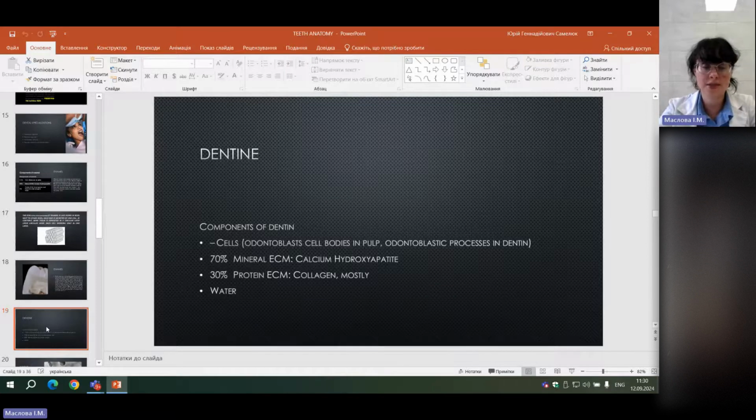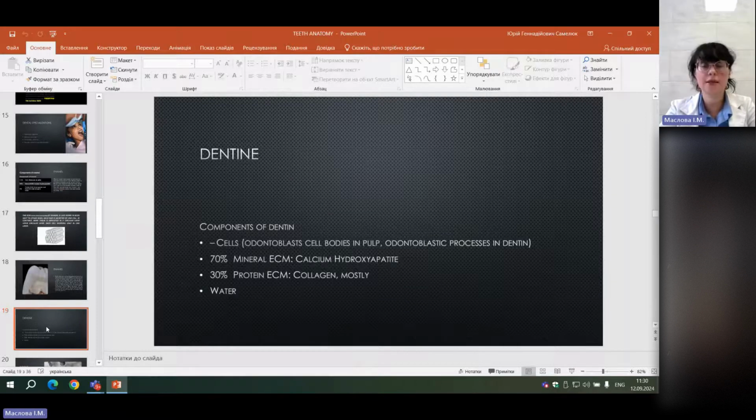This structure gives sensitivity to the dentine, which produces pain when the protective layer of enamel is eroded.